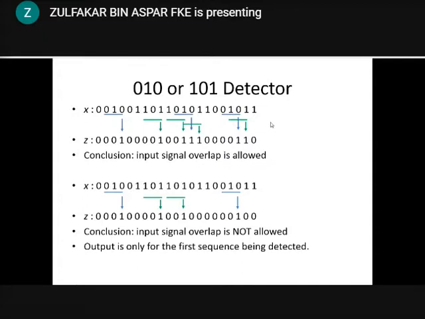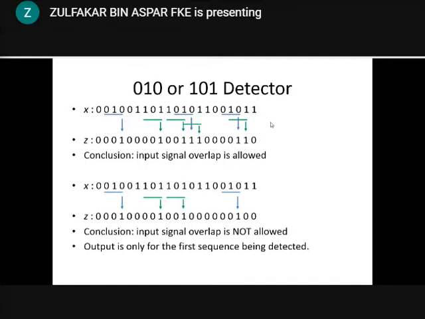This is shown when we want to detect input signal 101. On the third input sequence, you can see input 1 is overlapping from the previous input.